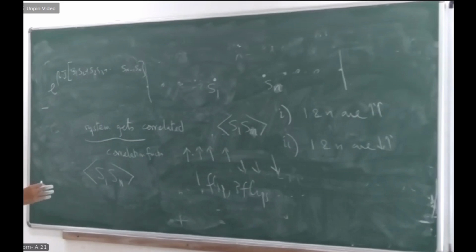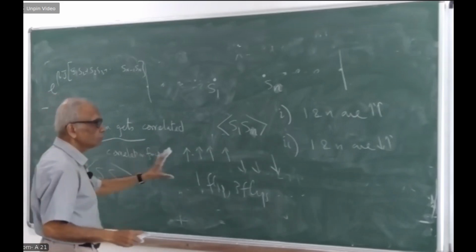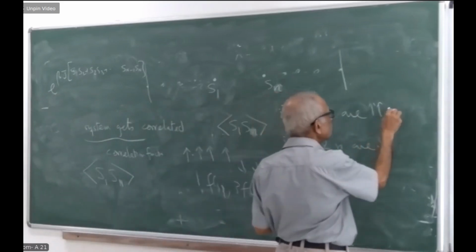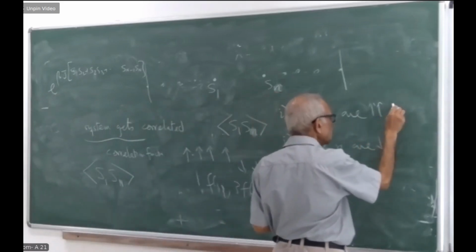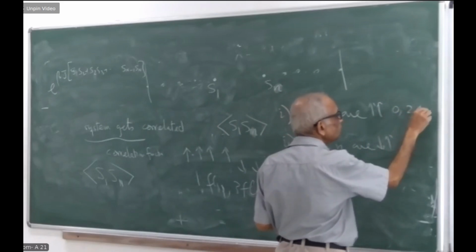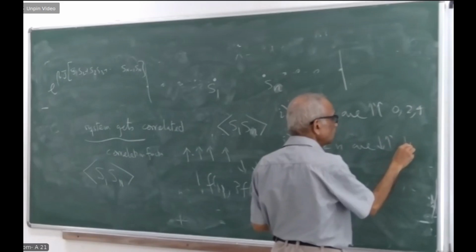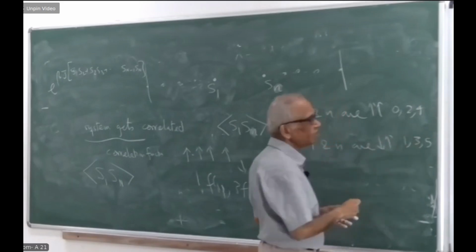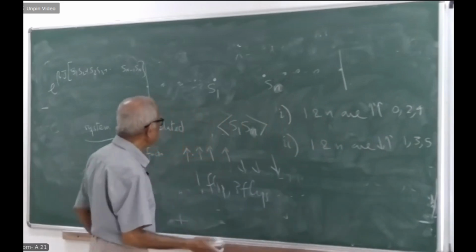All right, didn't write anything. Very good. So for parallel, my allowed energies are: no flip, 2 flips, 4 flips, and so on. And over here it is 1 flip, 3 flips, 5 flips, and so on. All right.